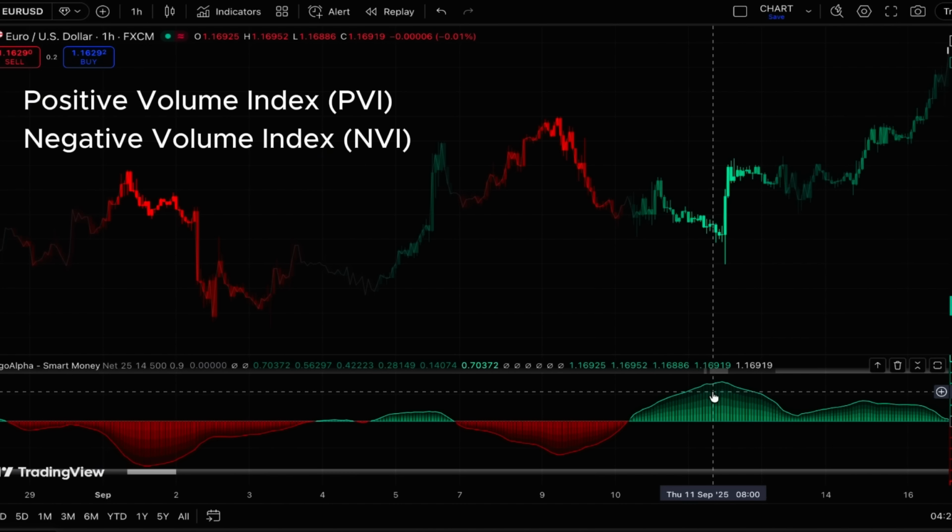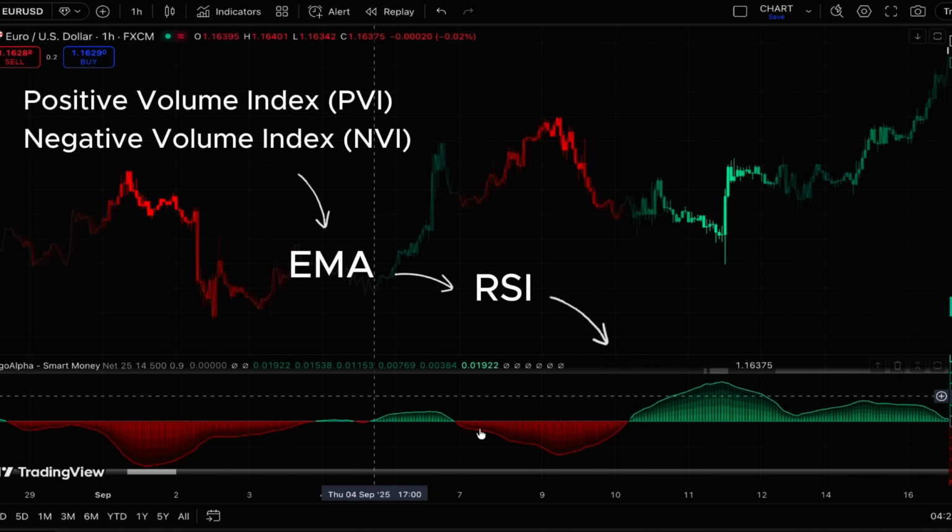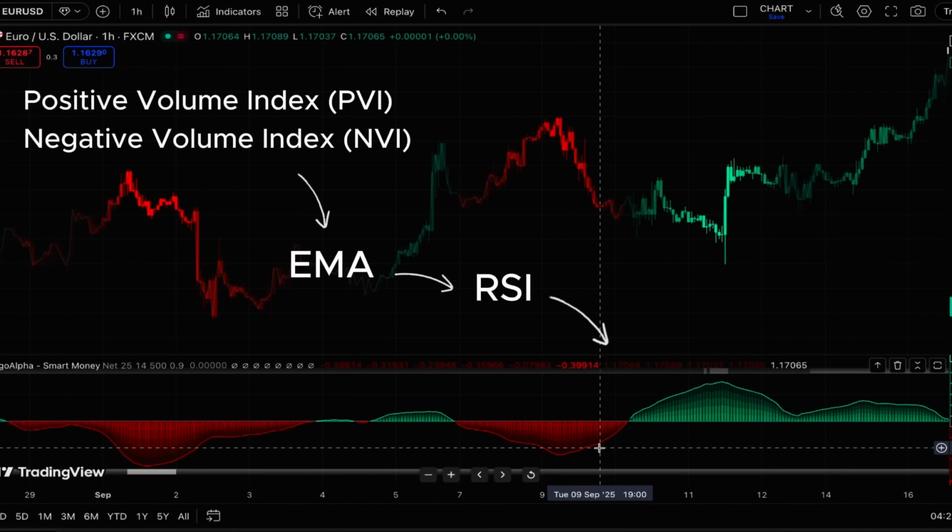As you know, negative volume index is used for tracking smart money and positive volume index is used for tracking not so smart money, or in other words, the money from retail traders. But this is not all, and these are just used as a base for this indicator. Then each of them goes through the calculation of exponential moving average and then RSI calculation to show the relative pressure in the market, and finally the compared values are normalized and represented here to show the buy side interest and sell side interest.